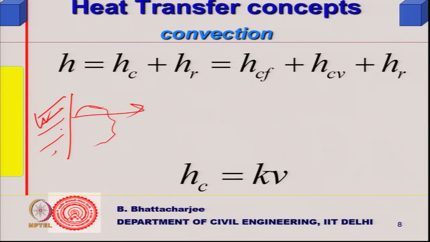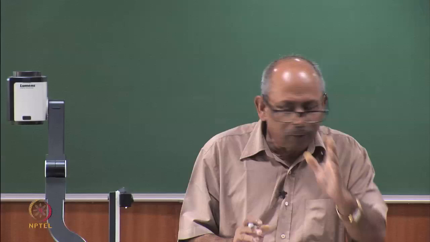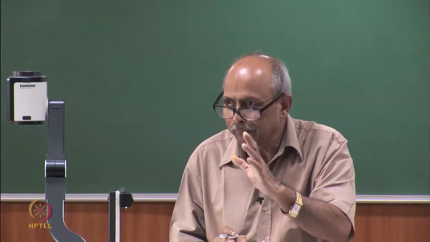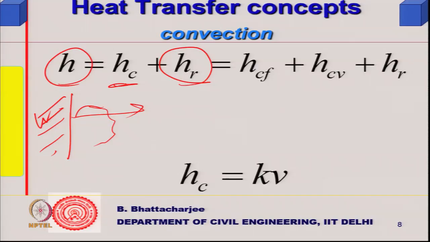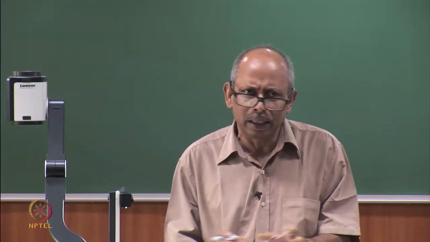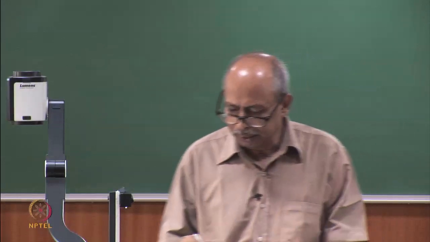We will define the radiation part later on. So, when I write the equivalent H, or surface coefficient of heat transfer at the surface of a wall, ceiling or outside roof, I will have two components, Hc and Hr. Some portion is related to convection, some portion is related to radiation, and we approximate them as linear and sum them up.